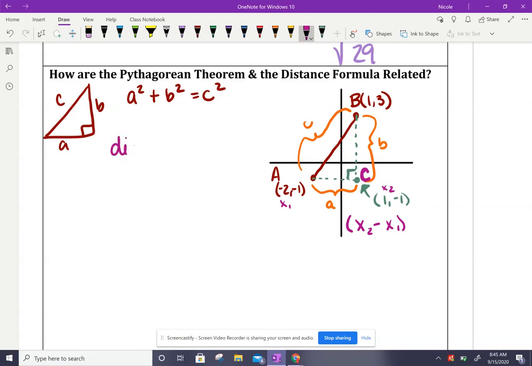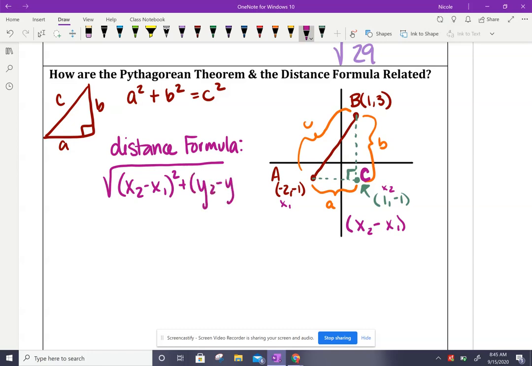So if you remember the distance formula, we take the square root of x2 minus x1, squared, plus y2 minus y1, squared. So we're going to see if there's some correlation here. I take that x2 minus that x1, which is 1 minus -2, which turns into +2, which gives us 3.